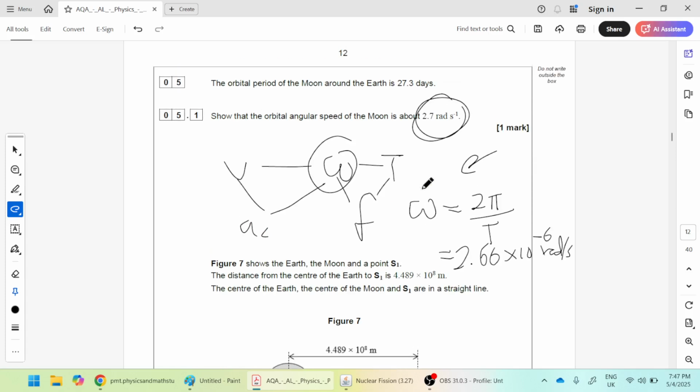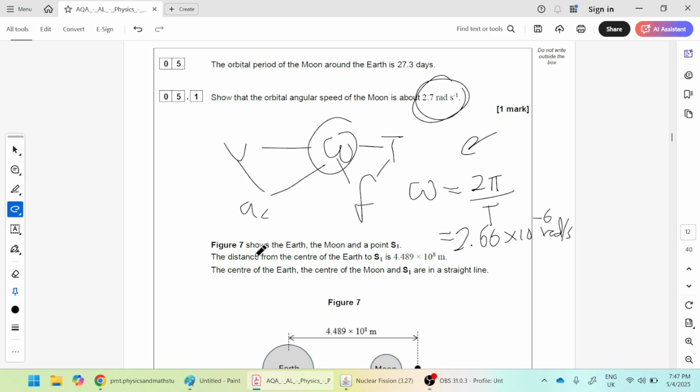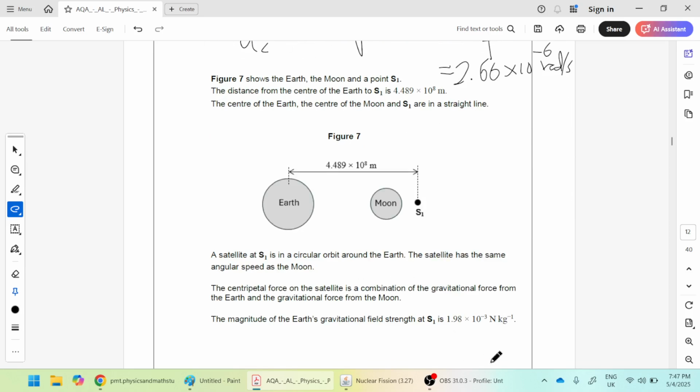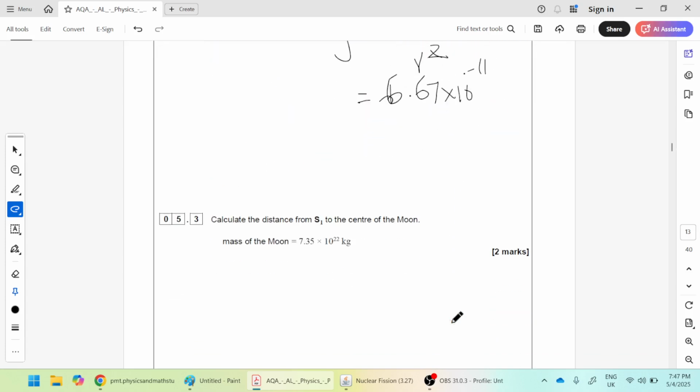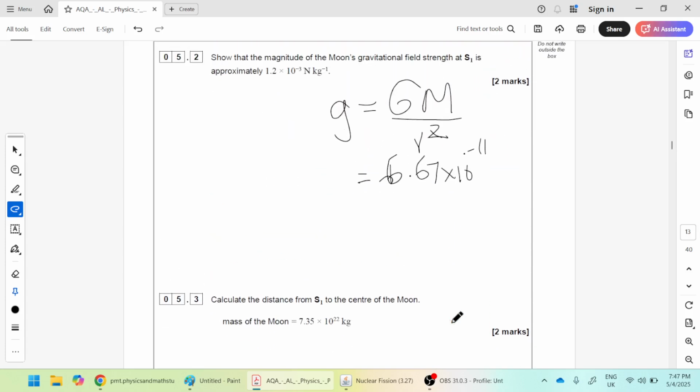So from angular speed, which is this one, we can figure out the centripetal acceleration, which is the total gravitational field strength. And then from that, I think we can figure out how much of that is due to the Moon, because we know how much of it is due to the Earth. So let's go ahead and do that. That means this is not the approach.